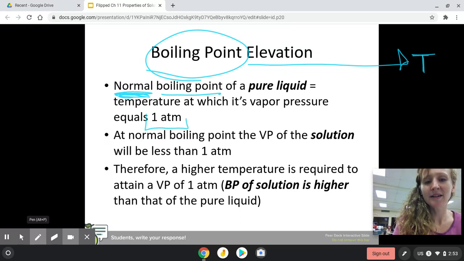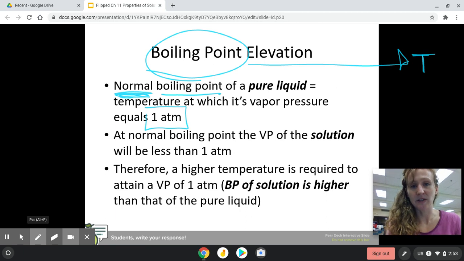So when pressure equals 1 atmosphere, which is what standard pressure is, then at that pressure it will give you the normal boiling point, the normal temperature at which it turns from a liquid into a gas. At the normal boiling point, the vapor pressure of the solution will be less than 1 atmosphere, because the normal boiling point happens at 1 atmosphere.